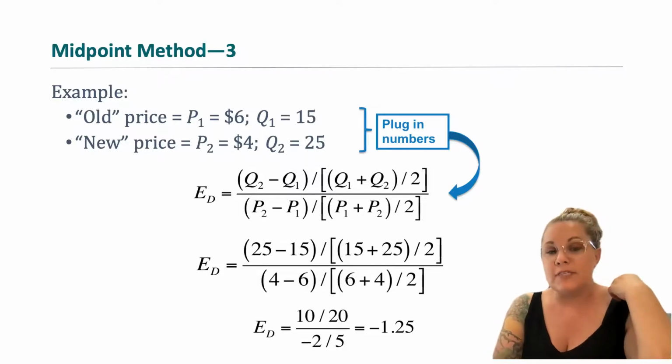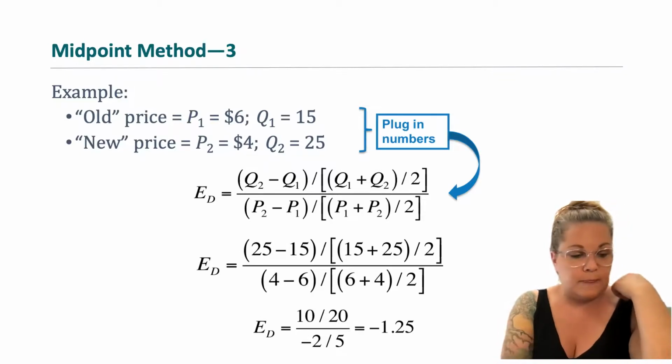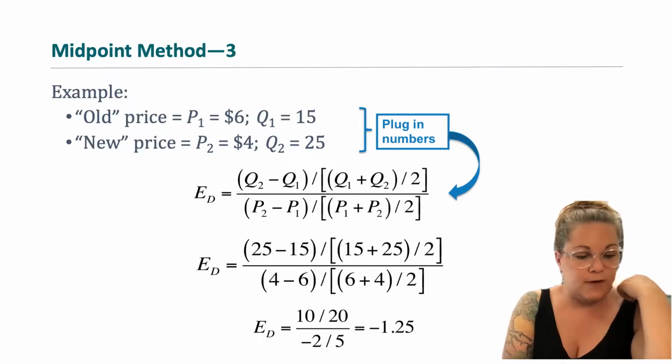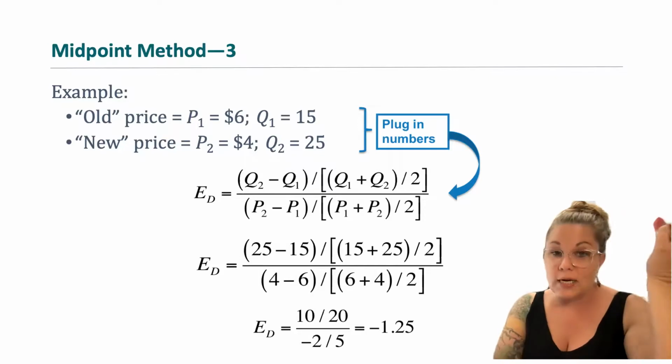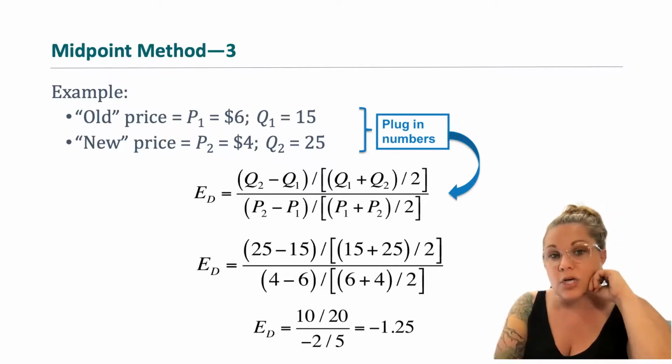So we add 15 plus 25 and divide by 2. 15 plus 25 is 40, divided by 2 is 20. So 20 is the average between 15 and 25. So we would have 10 divided by 20 in the numerator.